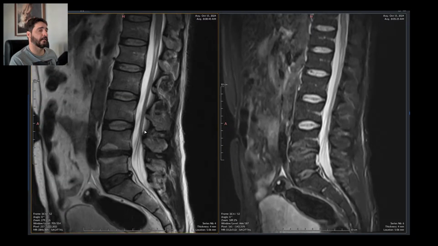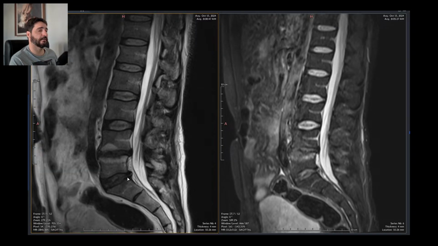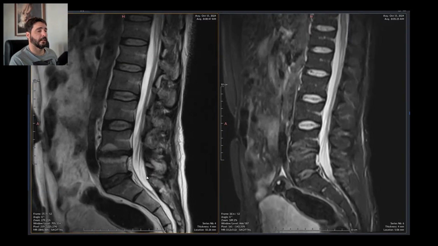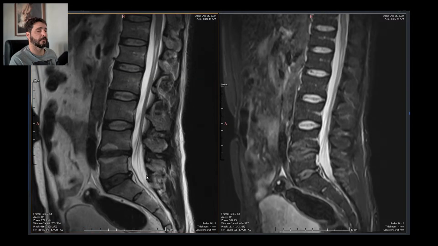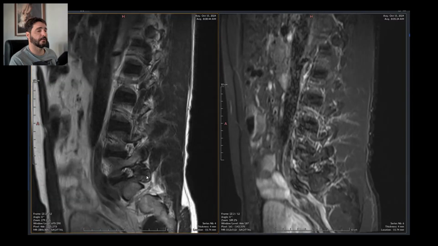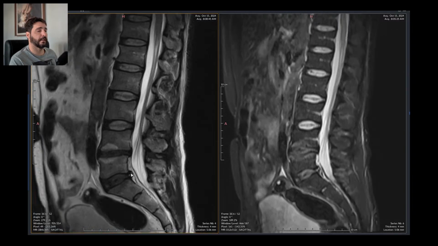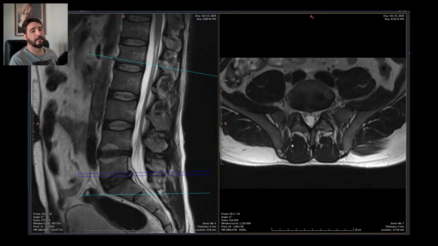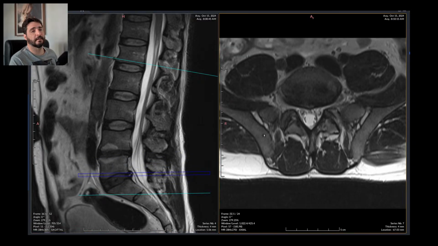Right there. Extrusion and extrusion with an annular fibrous ring rupture, a concentric type of rupture. See? The concentric rupture right there.